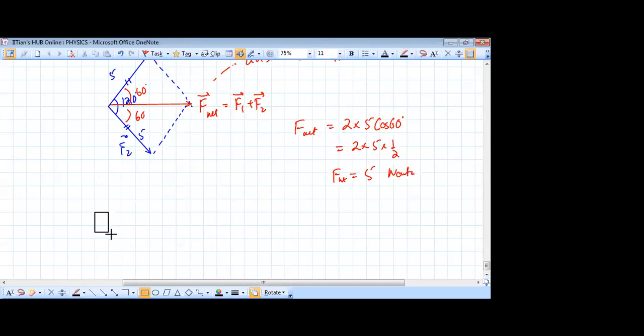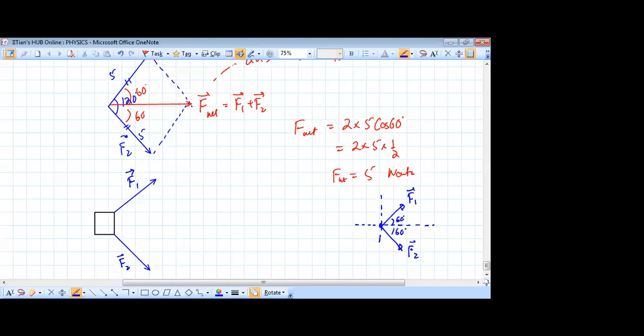So on that block, if the two individual forces were acting symmetrically on the corners like this, so that means the net force, angular bisector, you see. So you can see if these two forces are acting like this, this angle is 60, this angle is 60.